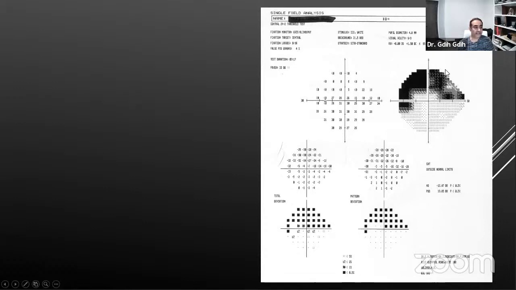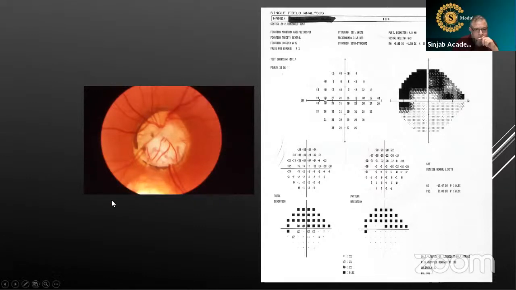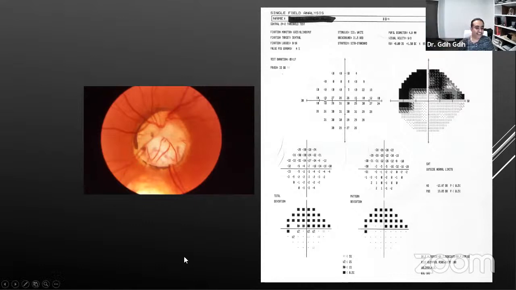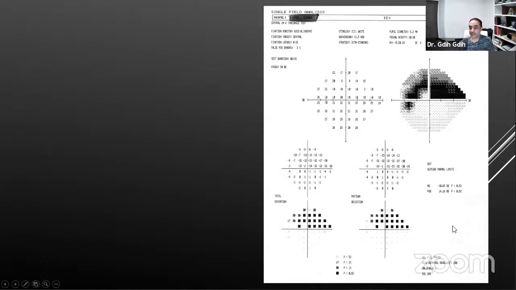Absolutely, superior arc width. So why is it not glaucoma? Because when we looked in the fundus, we found this optic nerve coloboma. Morning glory.